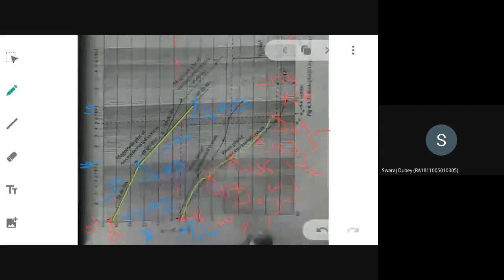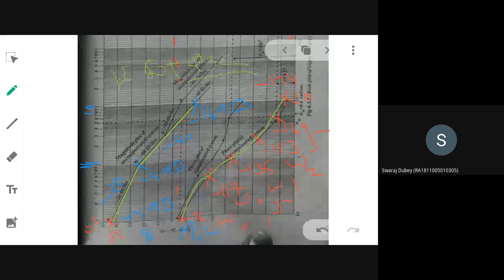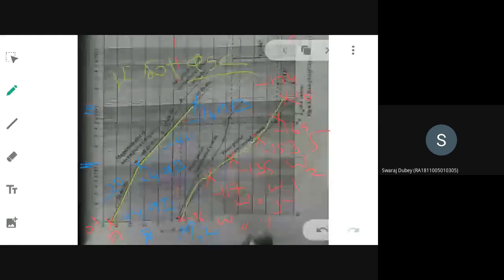Now from this you need to determine the phase margin. How will you determine phase margin? Gamma is equal to 180 plus phi GC is the formula, but you need to determine phi GC, the phase angle at gain crossover frequency.